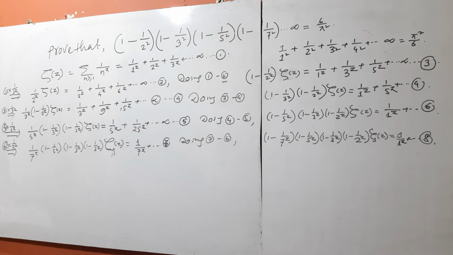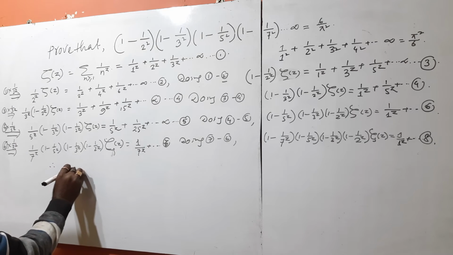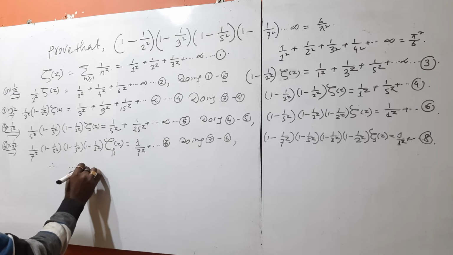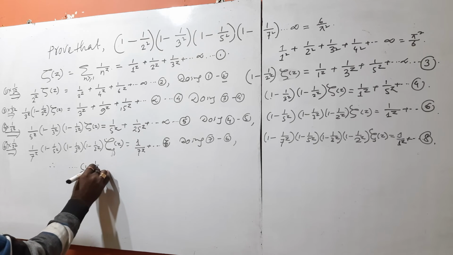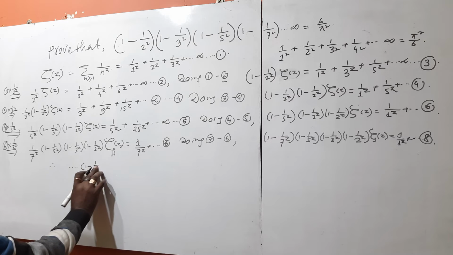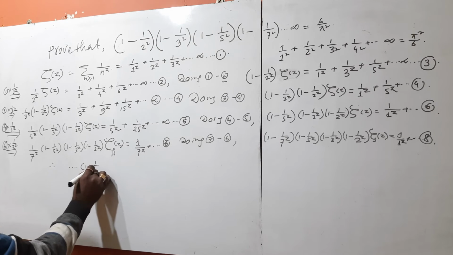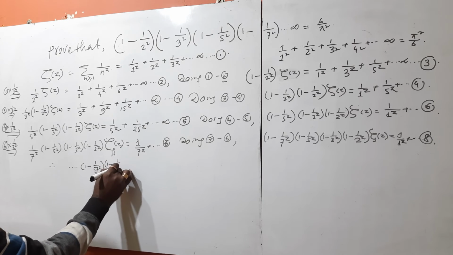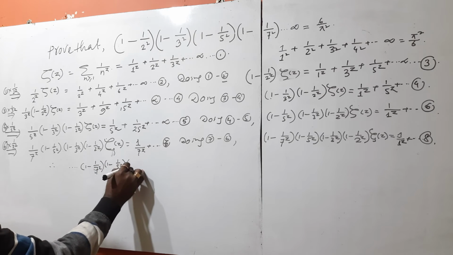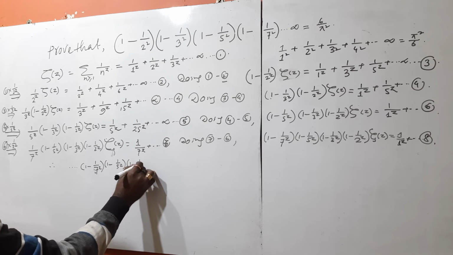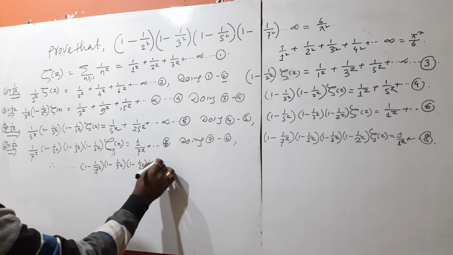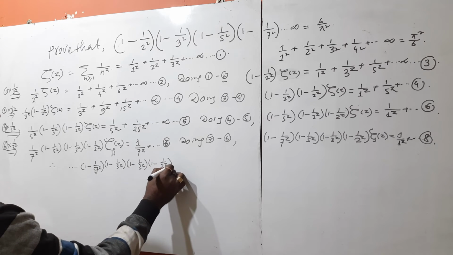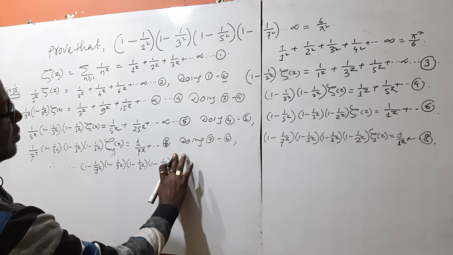So therefore we got here the final equation is dot dot dot dot, and this is 1 minus 1 over 7 to the power z, 1 minus 1 over 5 to the power z, 1 minus 1 over 3 to the power z, 1 minus 1 over 2 to the power z, and Riemann zeta function.